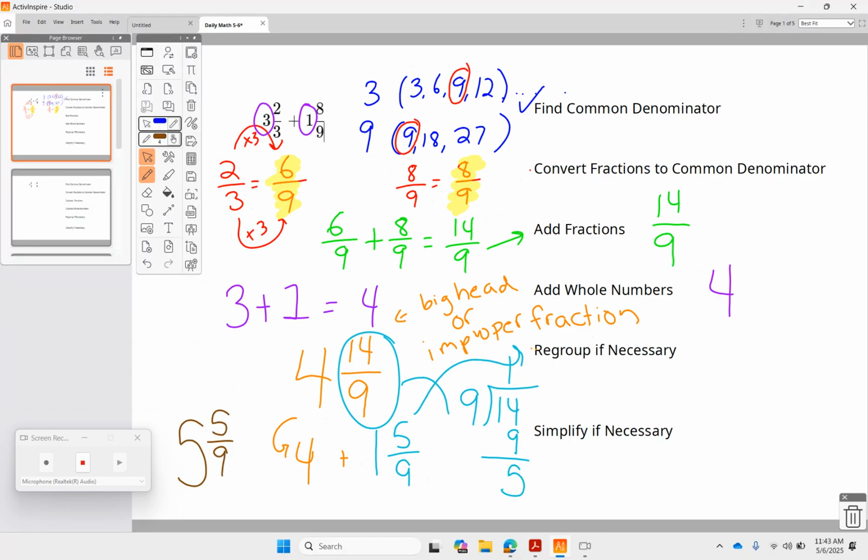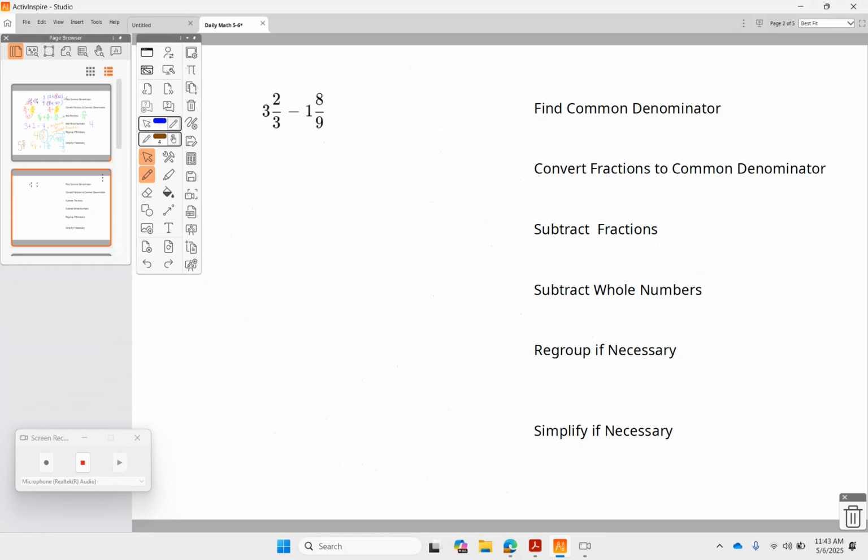Okay? For my next problem, Mrs. VB used the same numbers we just had. So we know that our common denominator is going to be 9. We know that when we take 2/3 and convert it to 9ths, we get 6/9.